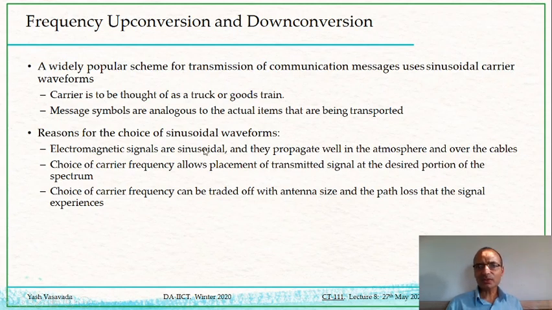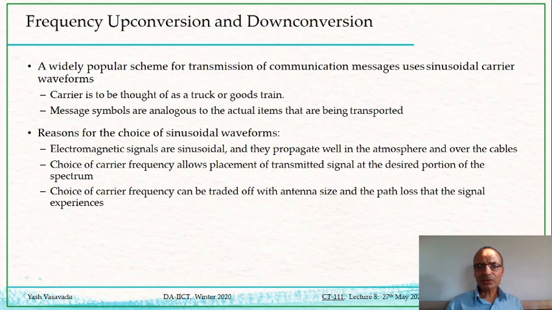So that is the most important reason why we'll be focusing on the sinusoidal waveforms. Plus, these waveforms come at a specific frequency, which is known as carrier frequency, which we have earlier called f of c. And that f of c can allow us to place our signal spectrum in the desired portion of the frequency domain.